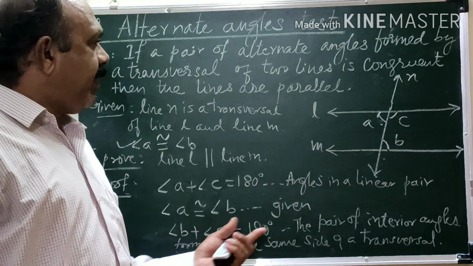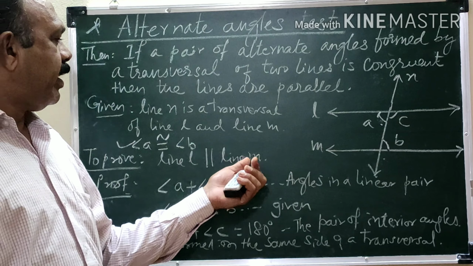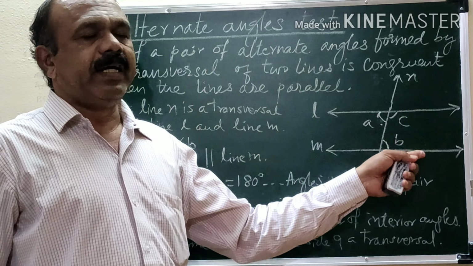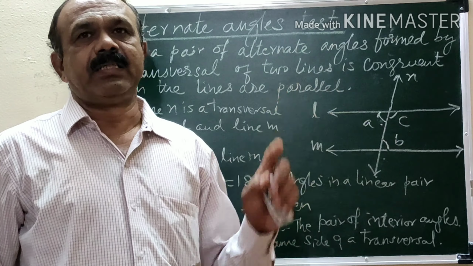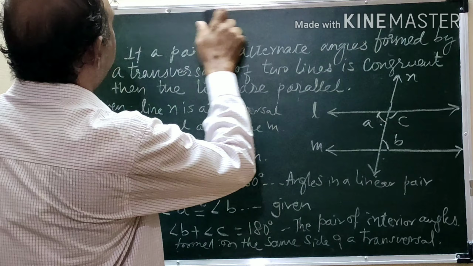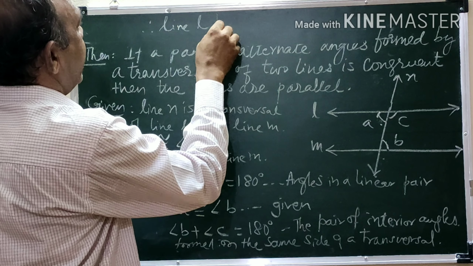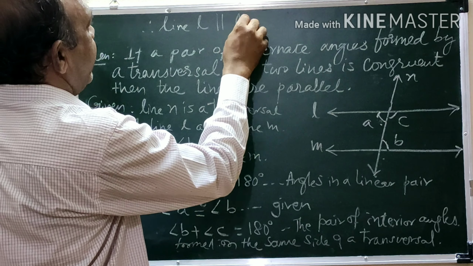Therefore these two lines are parallel. So line L is parallel to line M. This was proved here using the interior angle test. Therefore, line L is parallel to line M, by the interior angle test.